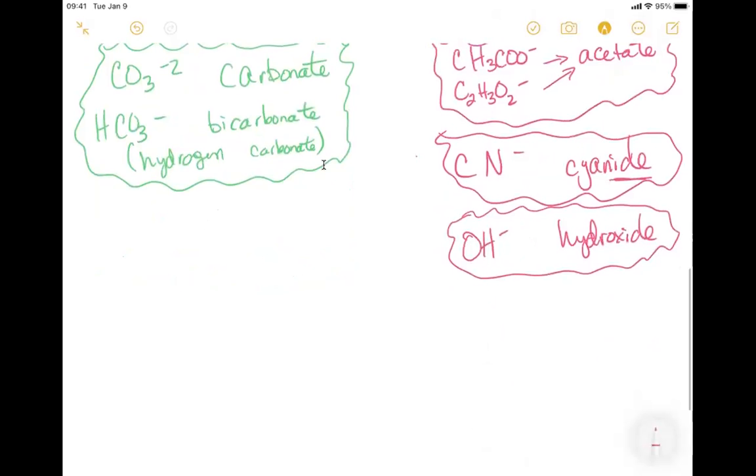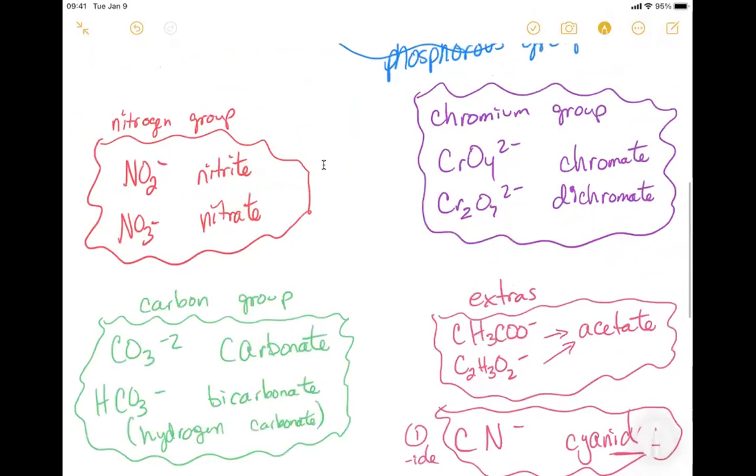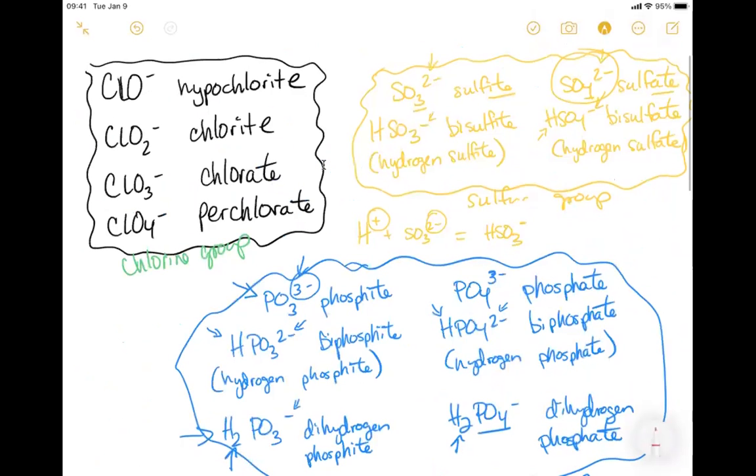All right, so this is the first one that ends with IDE. This is number 2 that ends with IDE. And the last one that ends with IDE is O2 minus 2, and this is called peroxide. Remember what I said that the prefix per means? I think I erased it now, but up here, even more than.